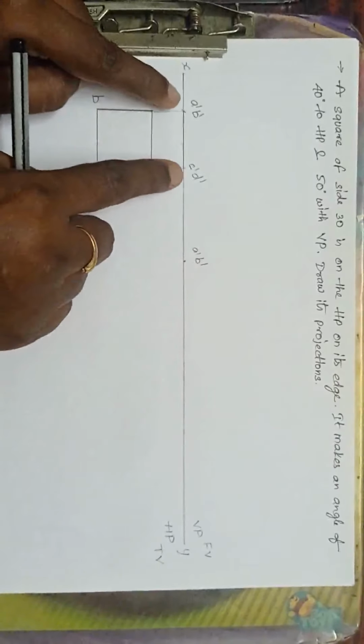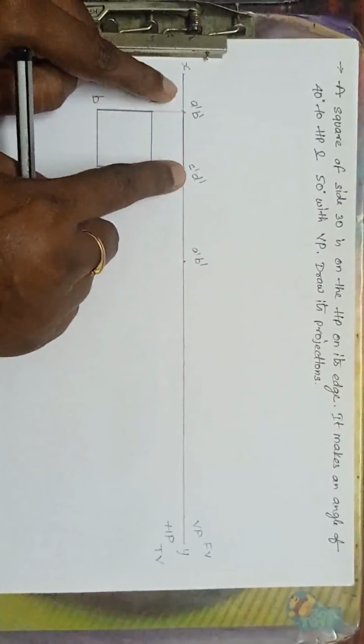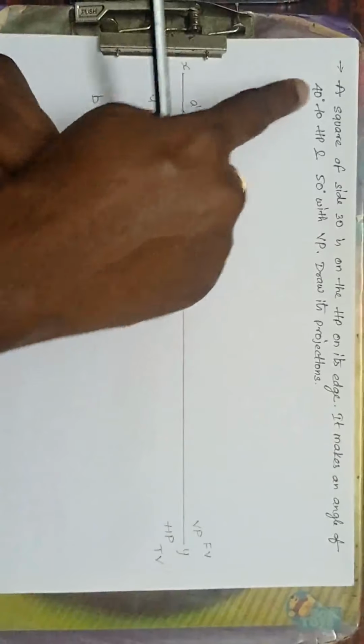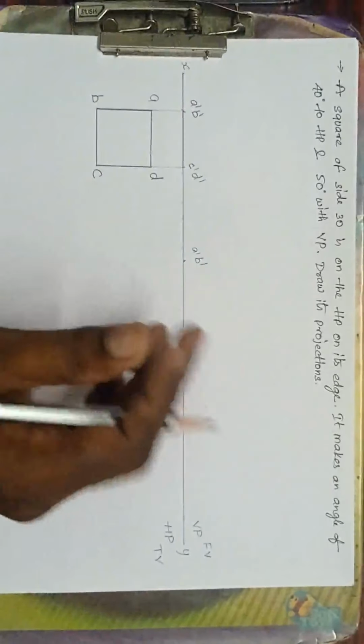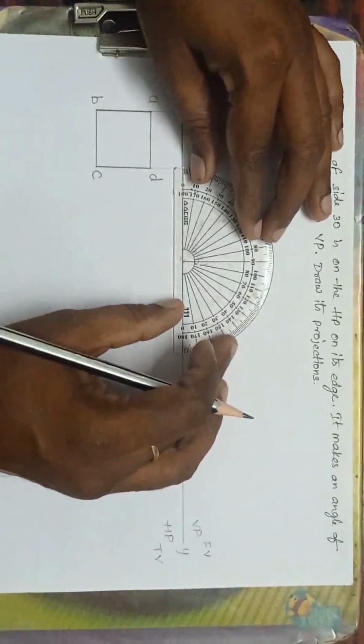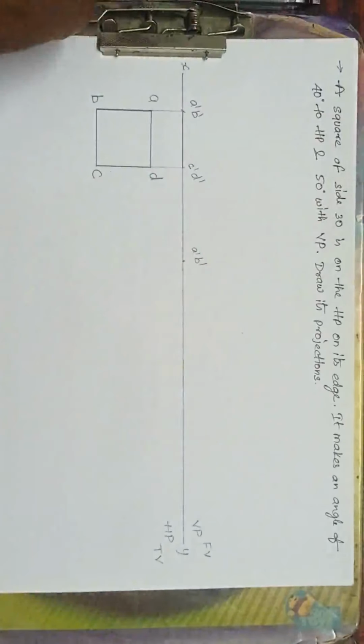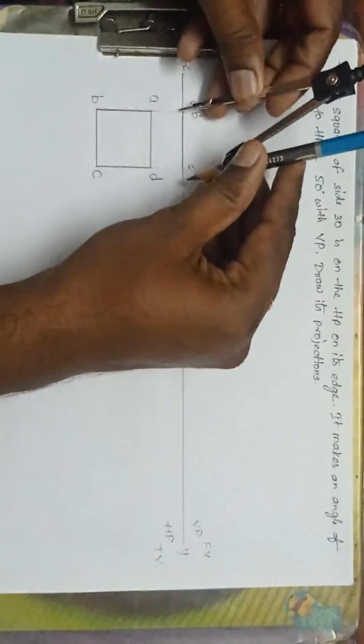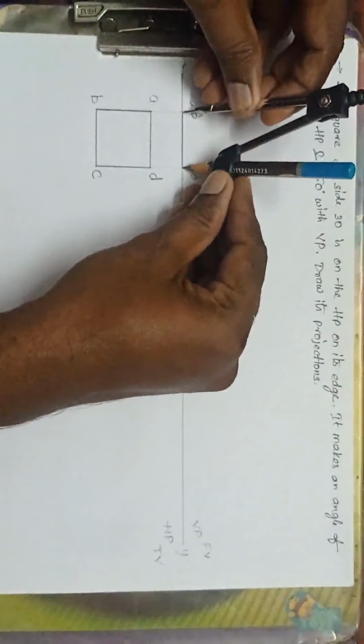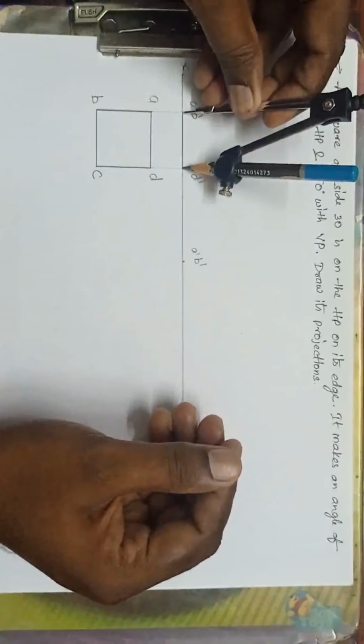Now I'll make this line A dash B dash and C dash D dash at an angle of 40 degrees. So take a 40 degrees angle. I am marking this 40 degrees, and take this length in the compass.